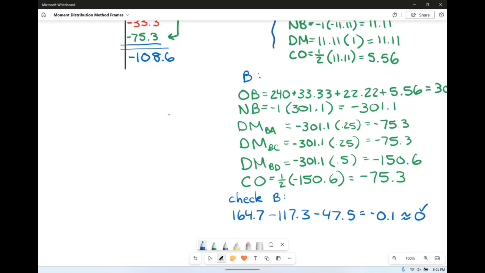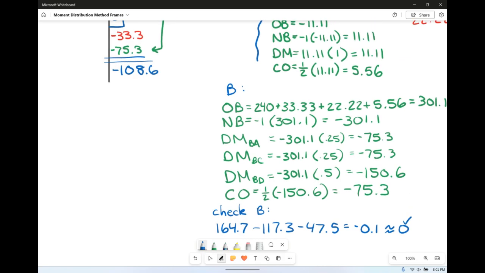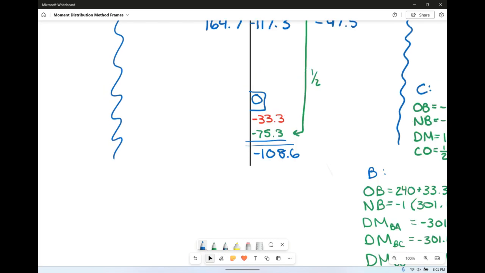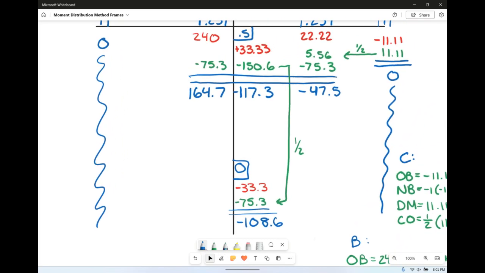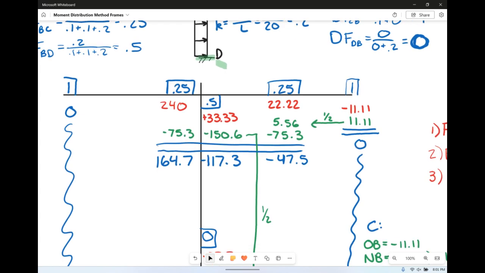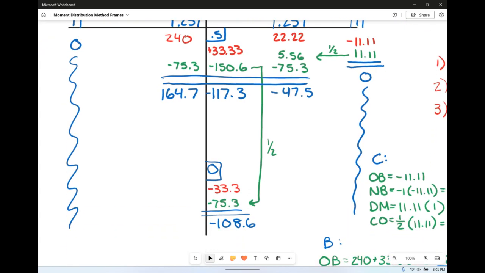That's just a rounding thing on our part, which we knew was coming from right here. If you add all that up, that should have equaled 301.1, and 6 plus 3 plus 3 is 12. So that is where that came from. But anyway, close enough, good enough for government work. So that is how you find all of the internal moments for the moment distribution method for frames.